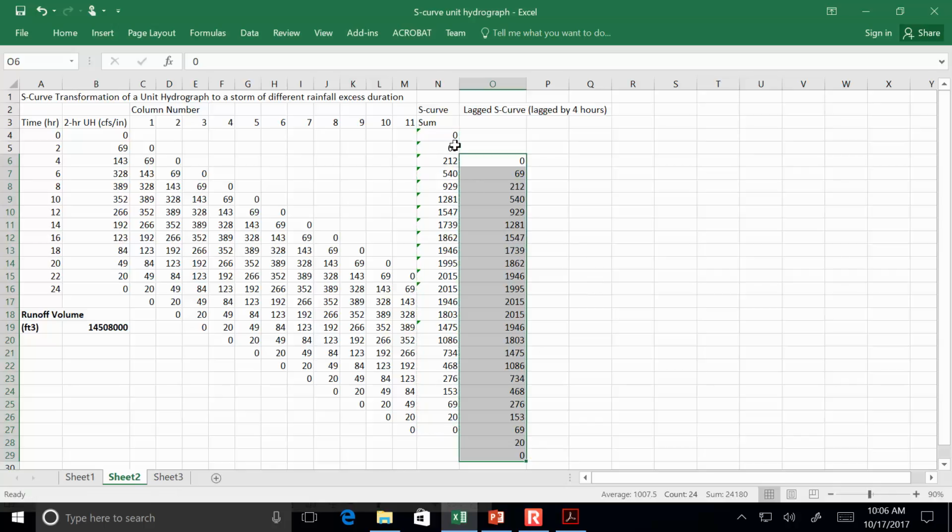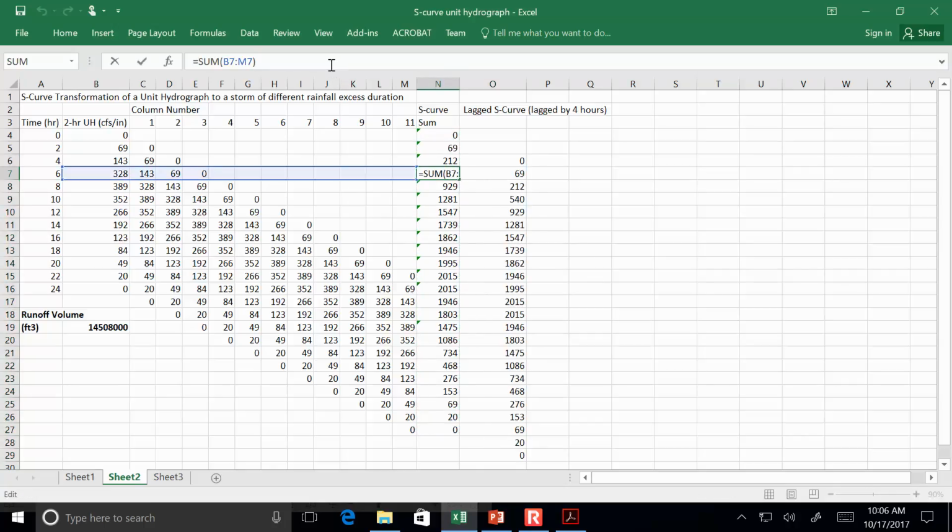Because the default paste is going to paste the sum, and so it would be like the sum of C through N. That's not what we want it to do. We want these very same numbers, but lagged, not 2 hours, but 4 hours. So that's why, normally here we were just going in 2-hour lags. This one is a 4-hour lag. Okay. So we've got our lagged S-curve.